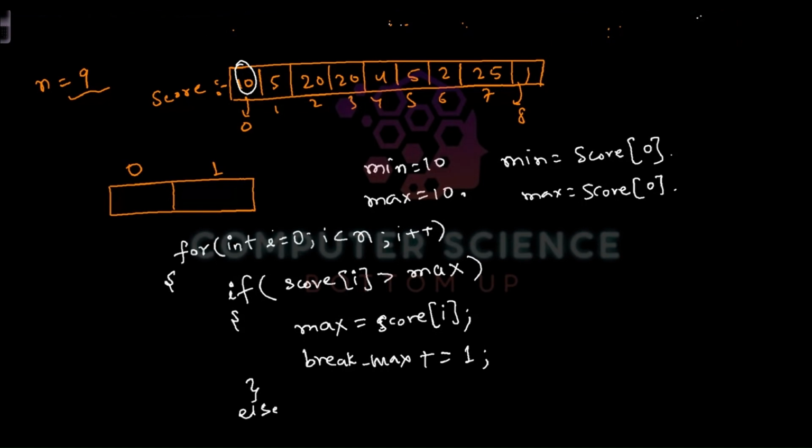Okay, so break max is equal to break max plus equal 1. Similarly, else if: either it got to be greater than max, or it might happen that your score is less than your minimum, right?